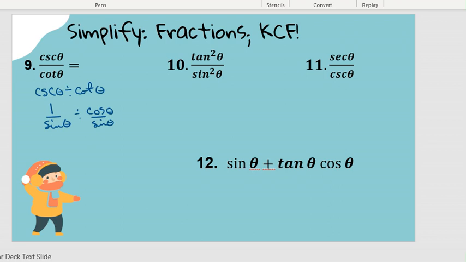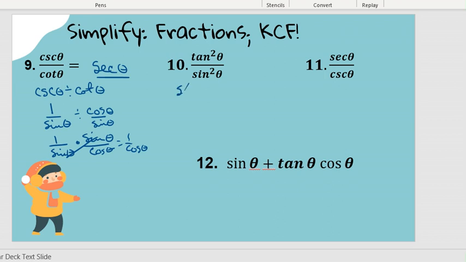Okay, now this is where I keep, change, flip. The sines cancel. I'm left with 1 over cosine, which is the same as secant. There it is.